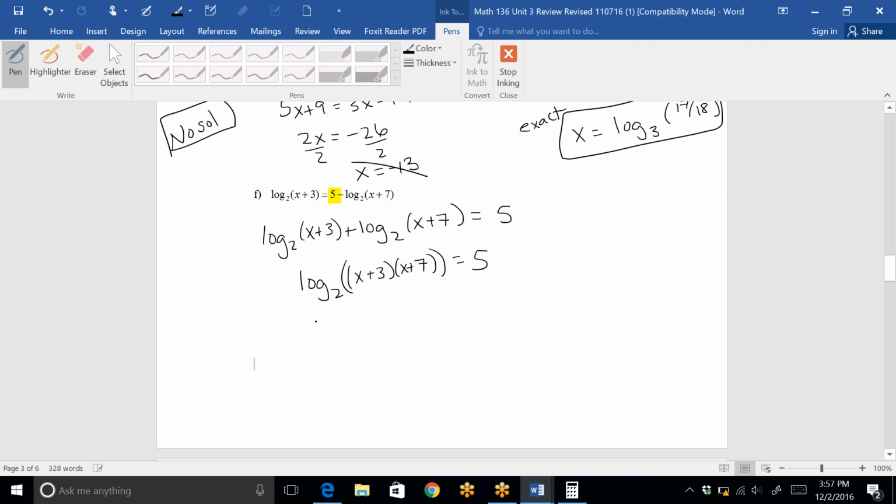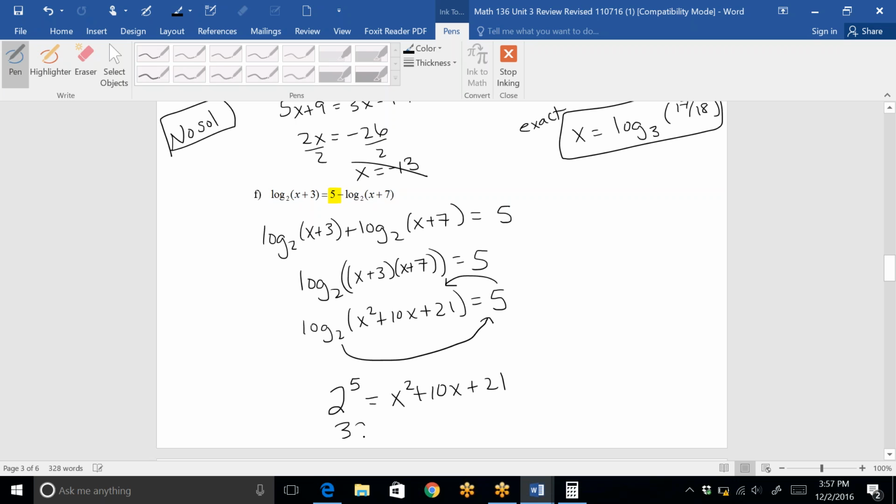I could then FOIL that out, so this would be log base 2 of x squared, 3x and 7x makes 10x, 3 times 7 is 21, equals this. You do not set the trinomial equal to 5. This has not got a log. So you have to convert this to an exponential. So this is 2 to the 5th power equals the trinomial.